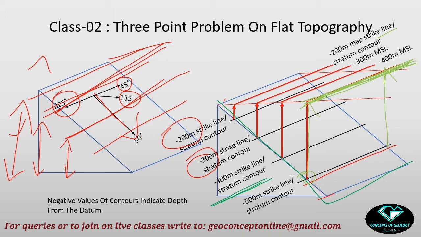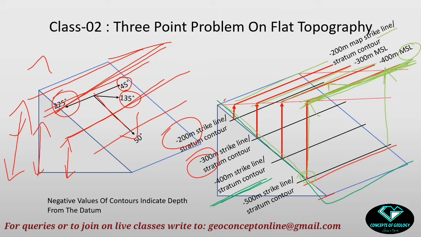It is also called MSL, map strike line. Don't be confused with mean sea level. This is the map strike line, and all the parallel lines will also be map strike lines, but they have different elevation or different depth values. Okay, all of them will be parallel and their spacing is called the contour spacing, or here the strike spacing.